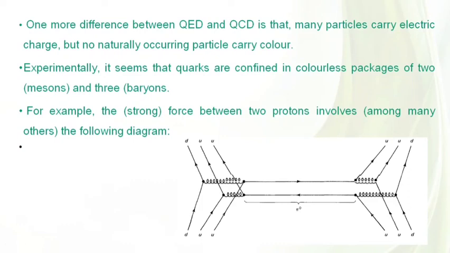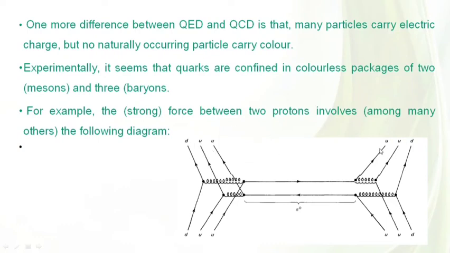For example, the strong force between two protons involves, among many others, the following diagram. This is an up quark and an up quark interacting with themselves, creating a pion. Then they create themselves back.